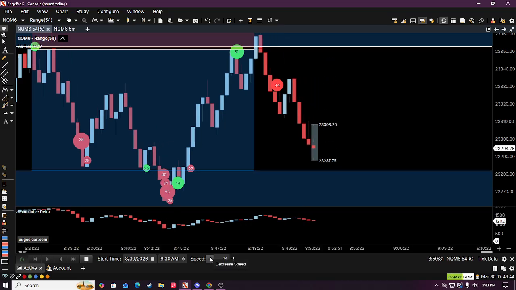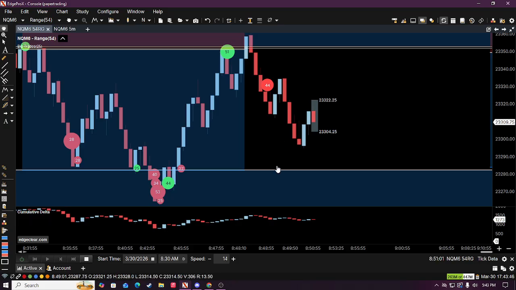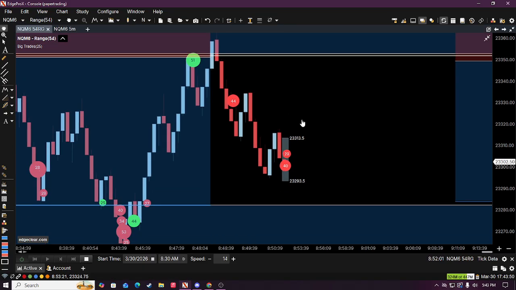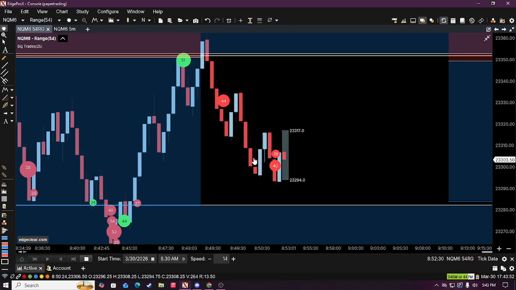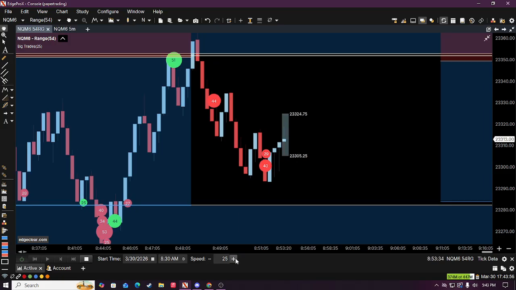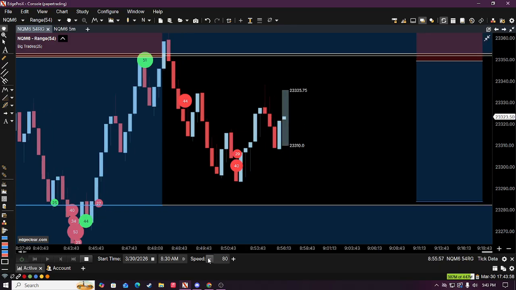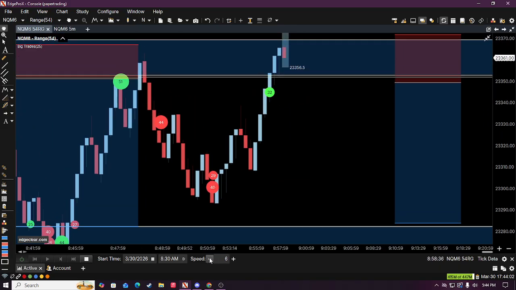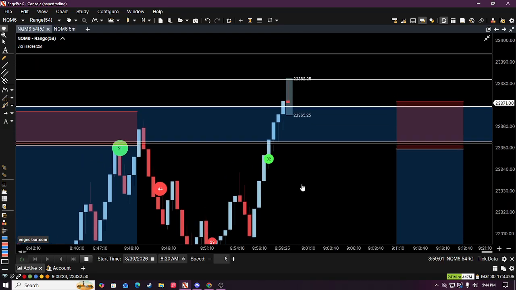And as you can see, it pretty much happened and we never touched profit. That's why I didn't enter here. We also have a very aggressive volume here, by the way. It would have been very nice to take. But at the end, we didn't hit full profit and we would have exited way too soon.